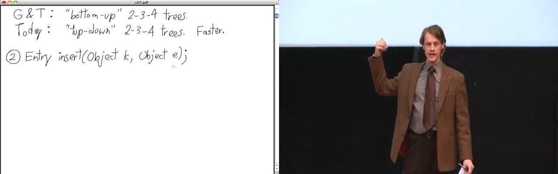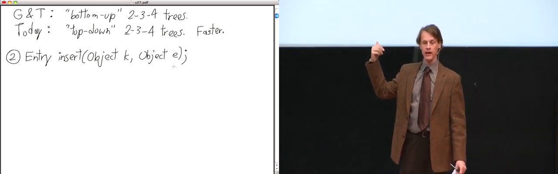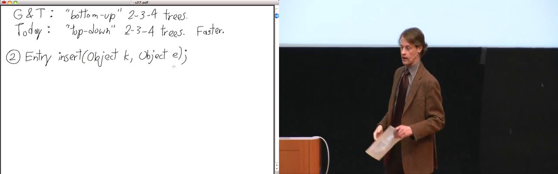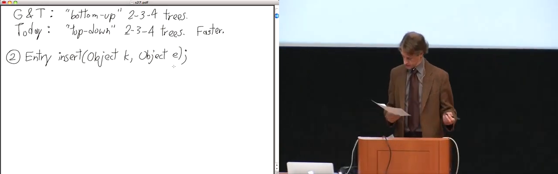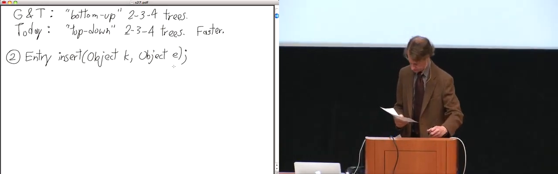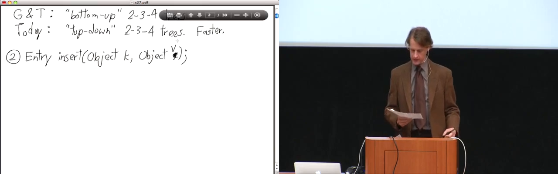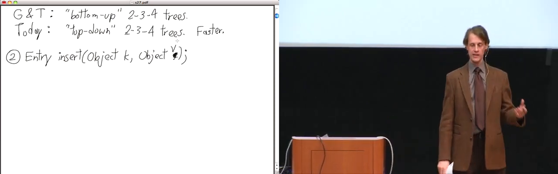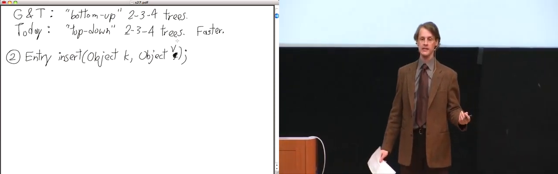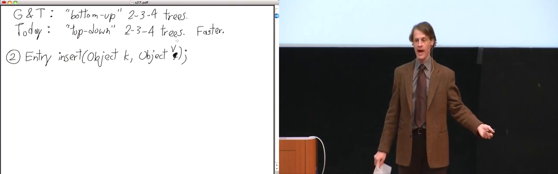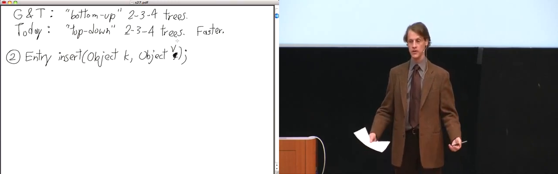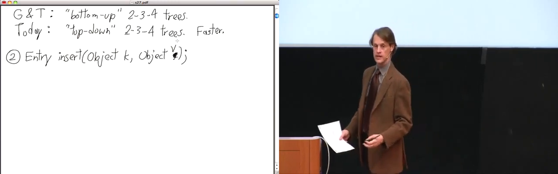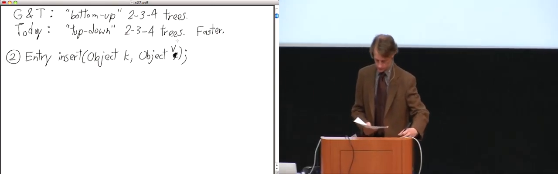We want to insert an entry whose key is k and has some associated value v. Insert, of course, walks down the tree in the same way that find does. You walk down the path as if you were doing a find, and of course the reason find works is because it follows the same path that insert follows.